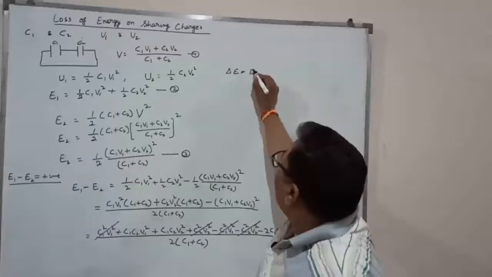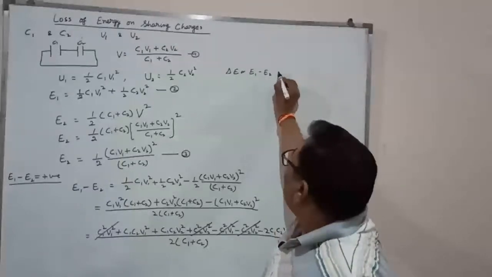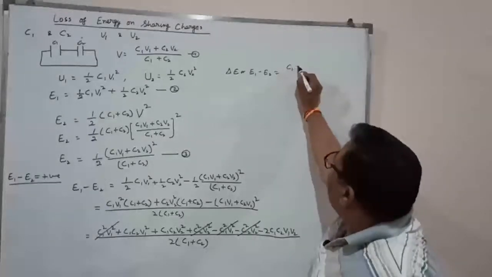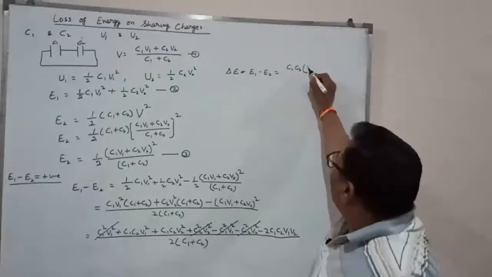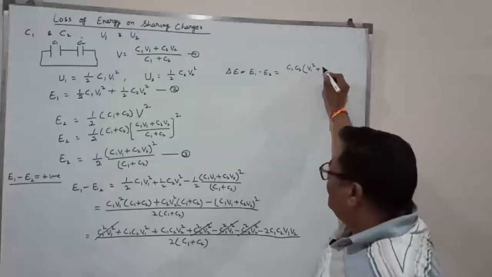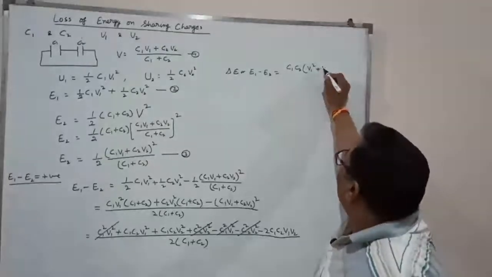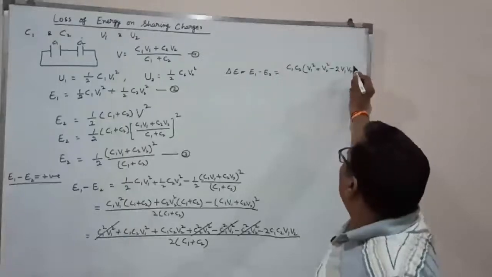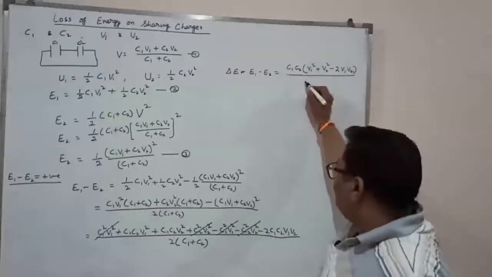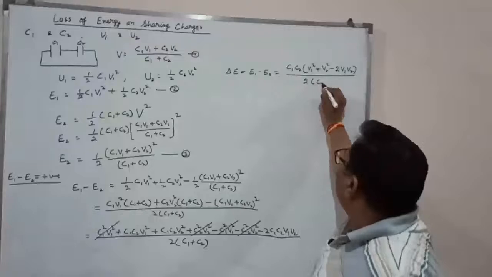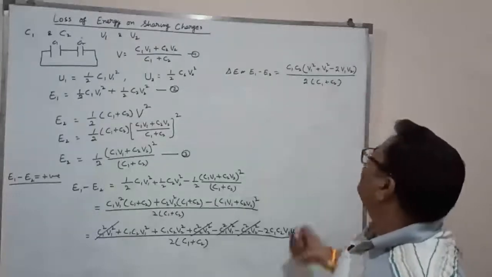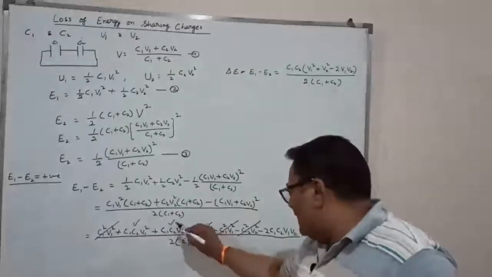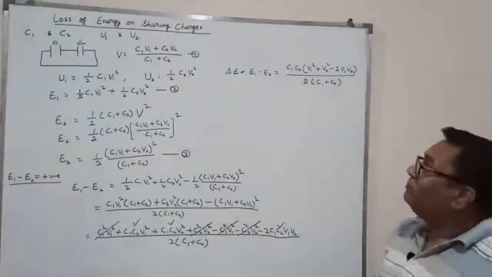Or E1 minus E2 is equal to C1 C2 (V1 square plus V2 square minus 2 V1 V2) upon 2(C1 + C2). Clear? One term, second term, and the third term.